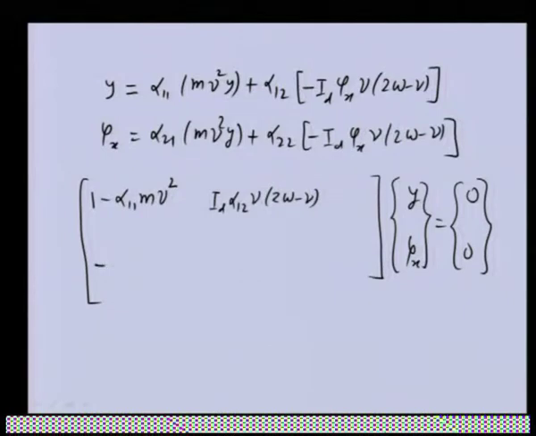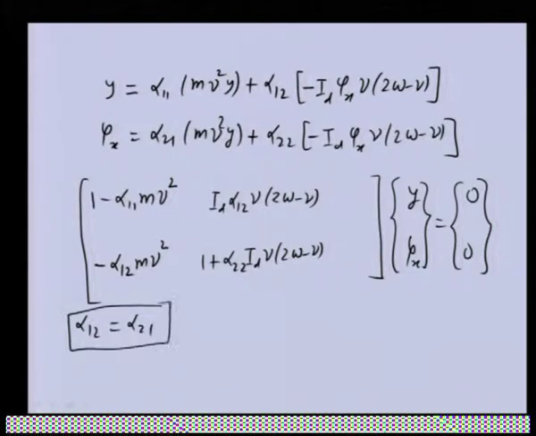Here we will be having, now I am keeping 1 2 and 2 1 same, because they always will be same. 1 plus alpha 22 i_d nu 2 omega minus nu. So, here I have kept alpha 12 is equal to alpha 21, because they are symmetric and they are equal.